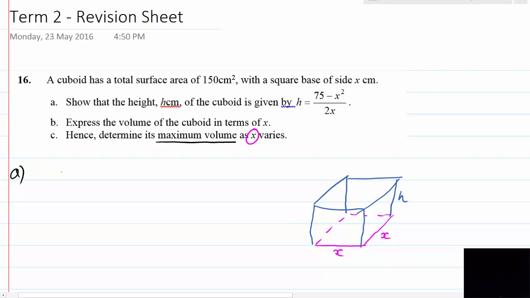First of all, I'm just going to state the relationships like it's a normal optimization question. I know that the volume is equal to hx squared, and I'll call that relationship number 1.